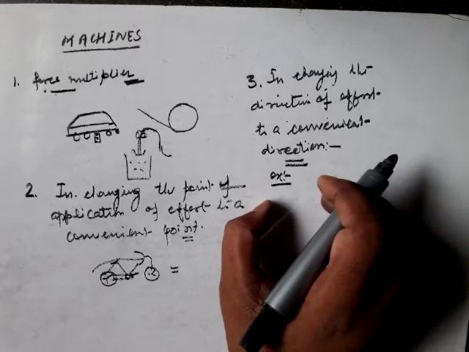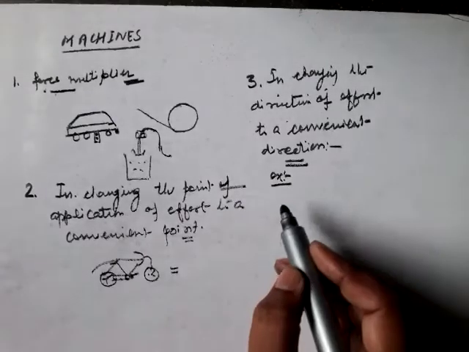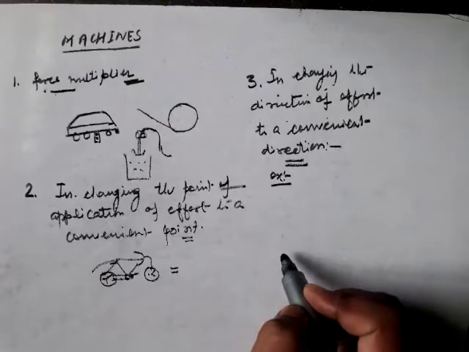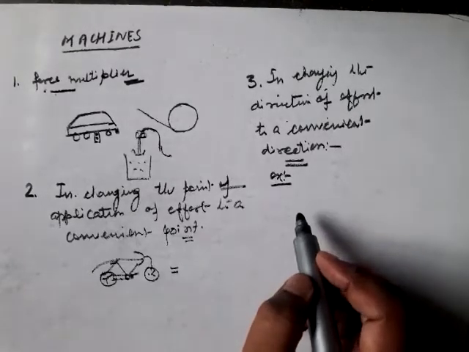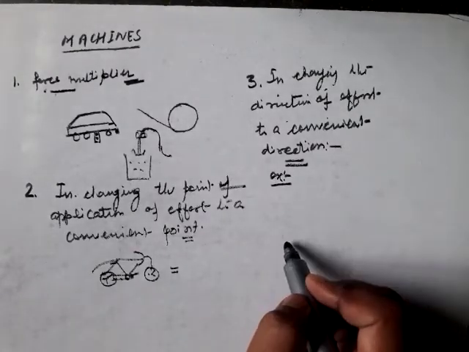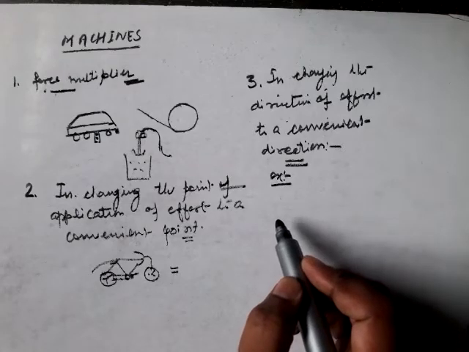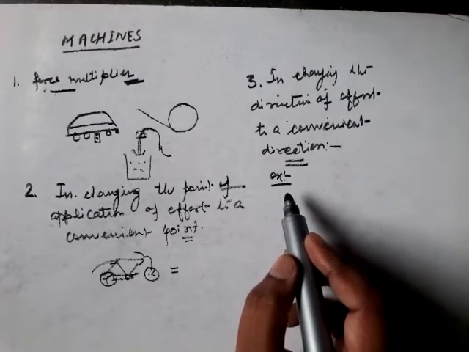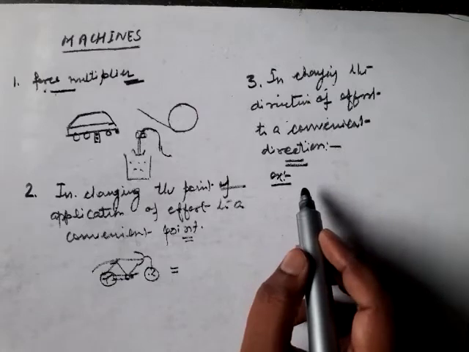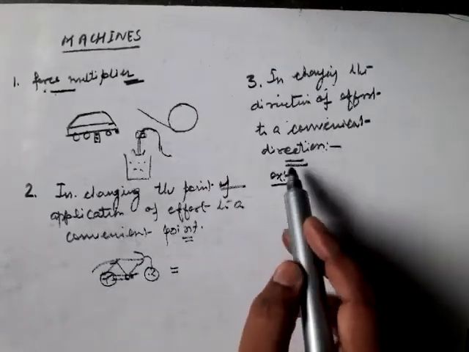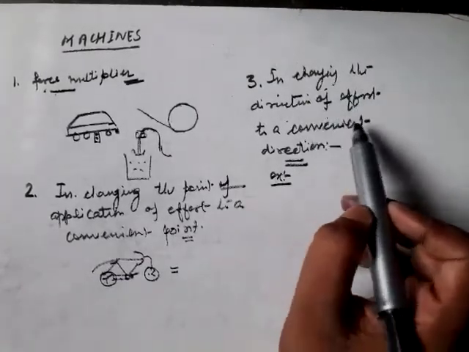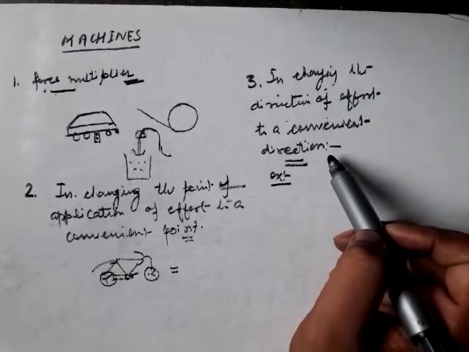With the help of the pulley, we can easily lift it by pulling in the downward direction. Without the pulley we apply the force in the upward direction with our hands. So it is helpful in changing the direction of effort to a convenient direction.